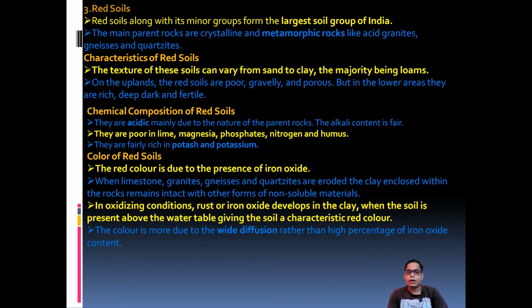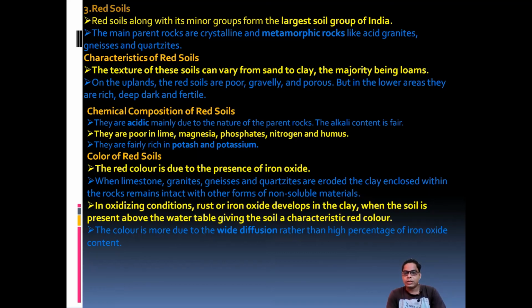Next, come to the color of the red soil. What is the red color? It is due to the presence of iron oxide. When limestone, granite, gneisses and quartzites are eroded, the clay and the non-soluble material remain intact within the soil, mix with it and give the red color. Then another thing you have to discuss is the oxidizing condition.